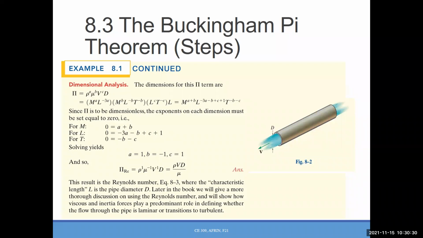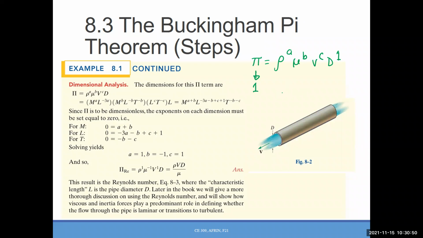So what we will do, this pi, rho A, and we just discussed a few minutes ago, this pi is non-dimensional. That means it's 1, right?